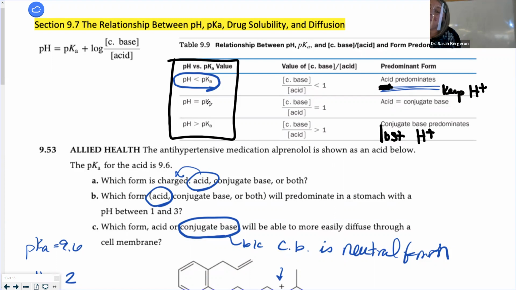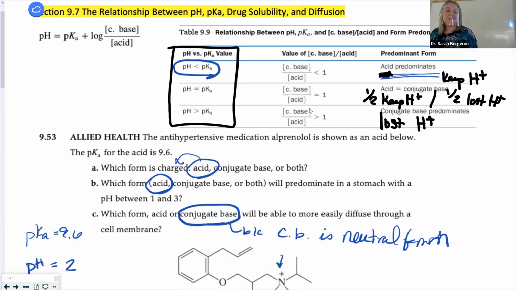But what happens when my pH is equal to my pKa? I'm going to have half that keep the hydrogen, and half that lost the hydrogen. So I'll have an equal amount of acid and conjugate base. Okay, so we're always comparing pH and pKa.